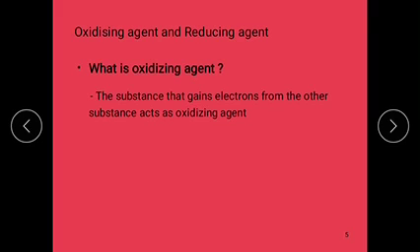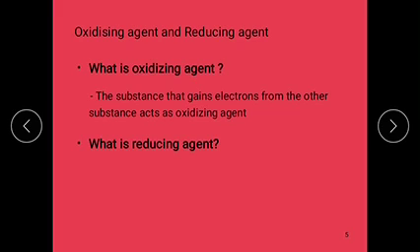Here it means the substance which has the capacity of gaining electrons is called an oxidizing agent.